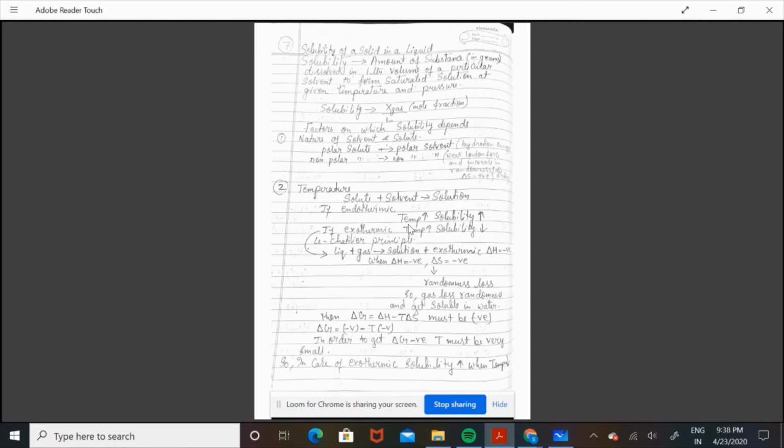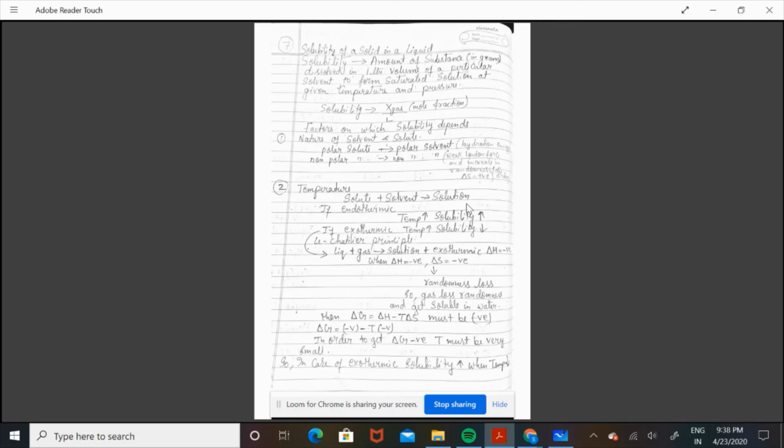If we are giving heat to the reaction and it is endothermic in nature, then solubility will increase. Endothermic means that the reaction demands energy to happen. So if we provide energy, that will be favorable for that reaction, so solubility will increase.